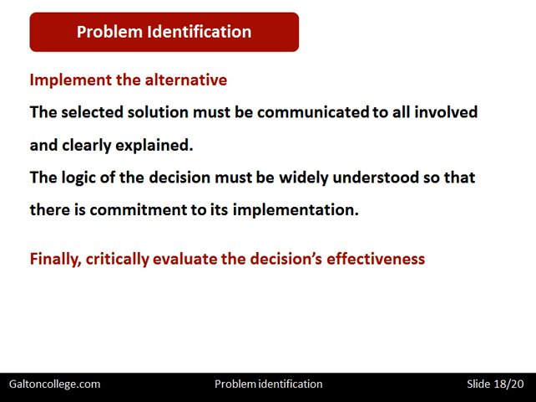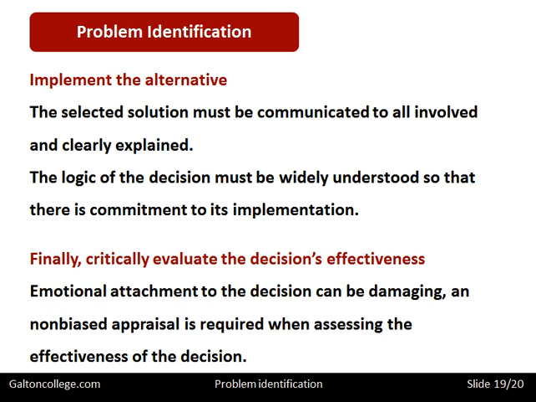Finally, critically evaluate the decision's effectiveness. Emotional attachment to a decision can be damaging. An unbiased appraisal is required when assessing the effectiveness of the decision. This is what I've been saying right throughout this session. If the management has a predisposition, if the management is committed to a certain solution, if it's committed from the start to that solution, then this whole exercise has been a waste of time.